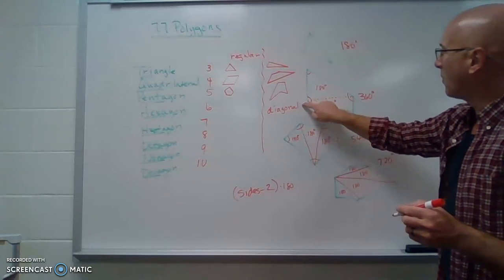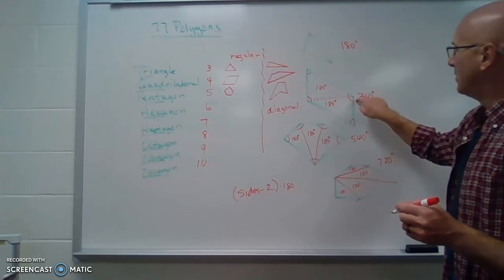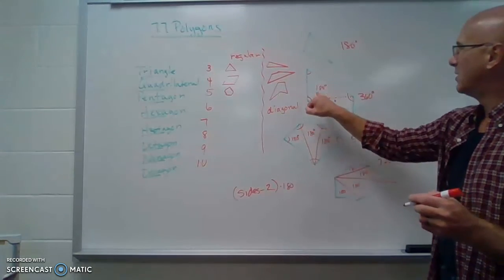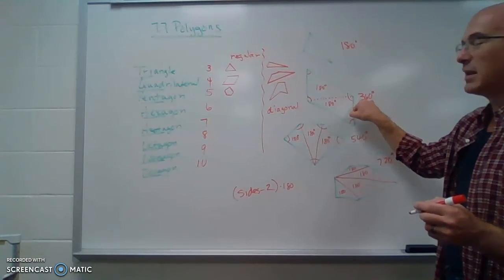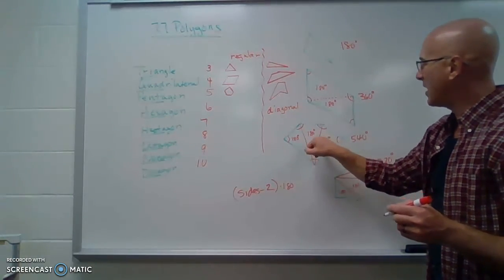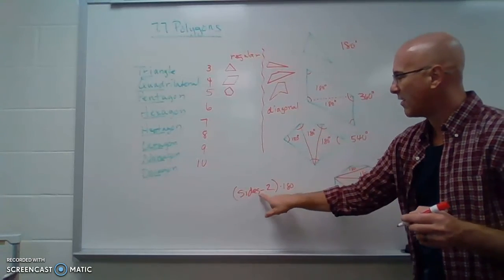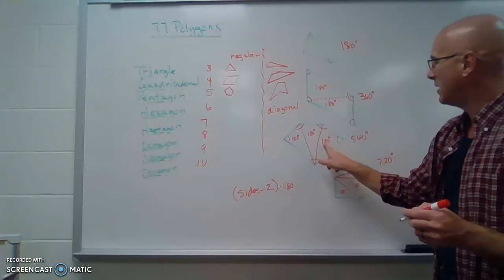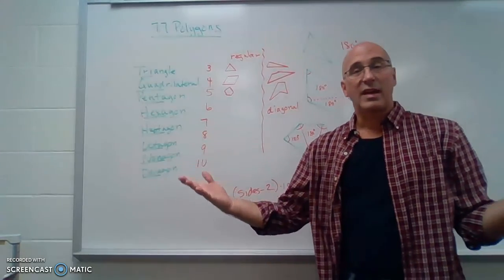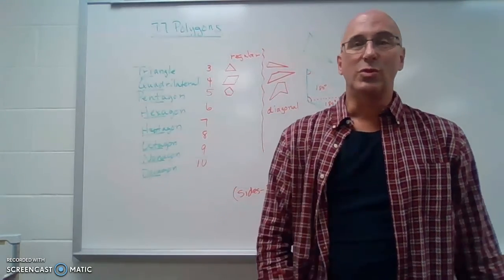If I have a four-sided figure, I have two triangles. So 4 sides minus 2 gives me 2, times 180, which is 360. If I have a five-sided figure, I am dividing it into 3. So I'm taking 5 minus 2, that's my 3, times 180. You can see the pattern. And so that is a general introduction to polygons.